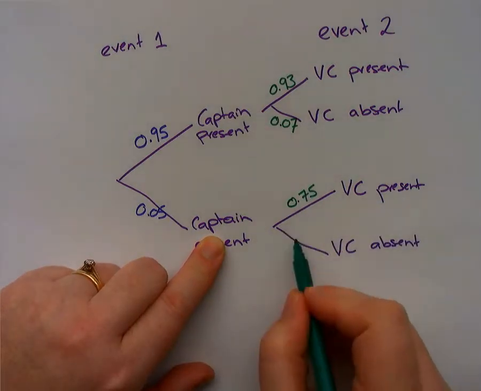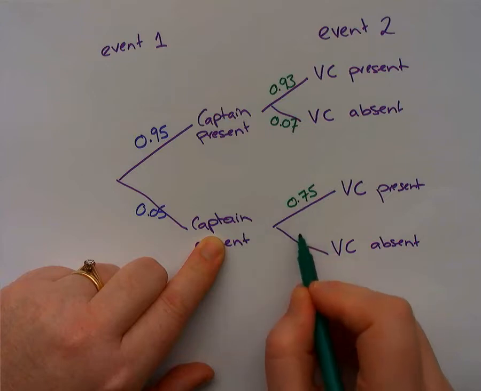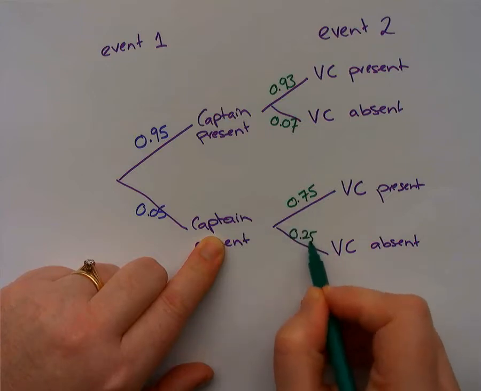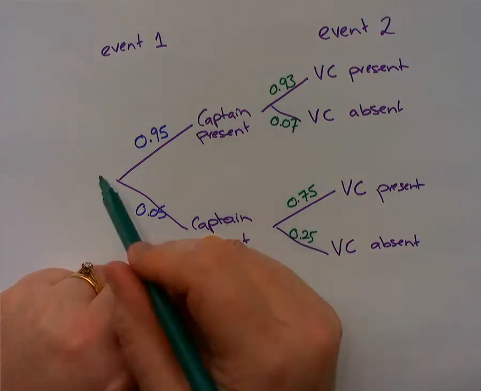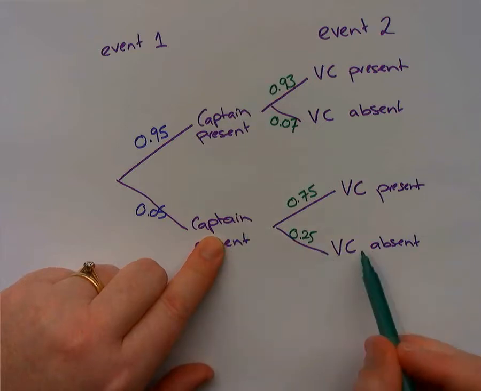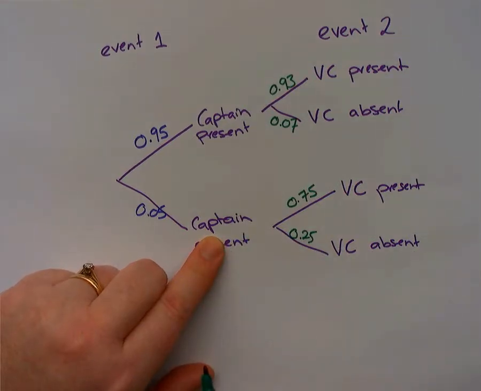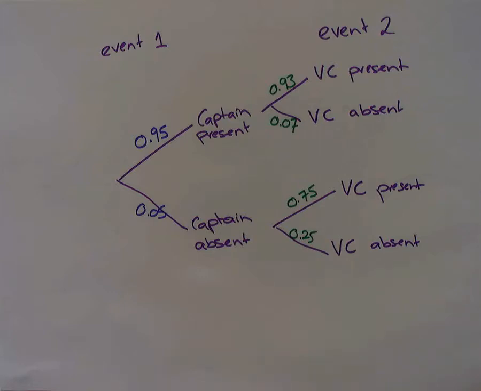Those two have to add up to 100%, so this is going to be 0.25. So 25% of the time when the captain's absent, the vice captain will be absent. Okay, so that's the first thing we've got to do, set up the tree.